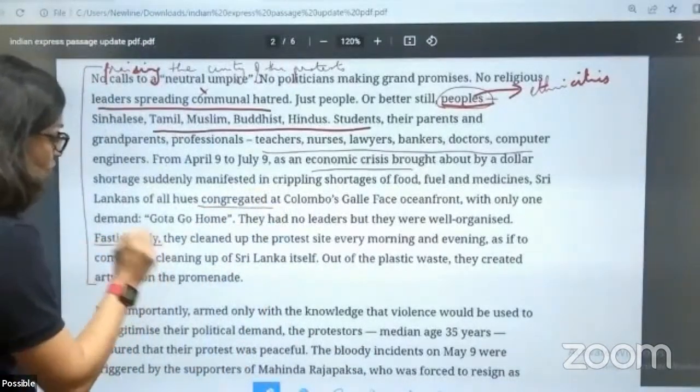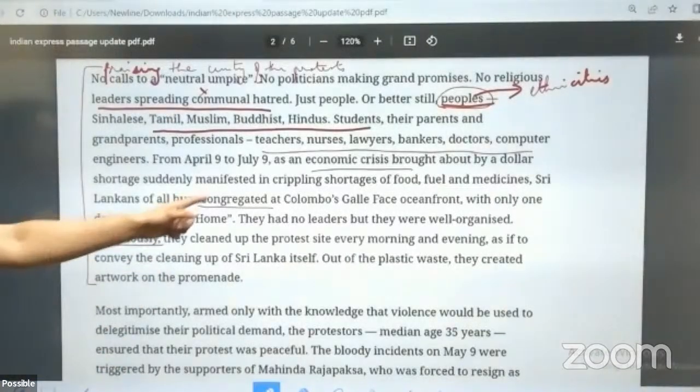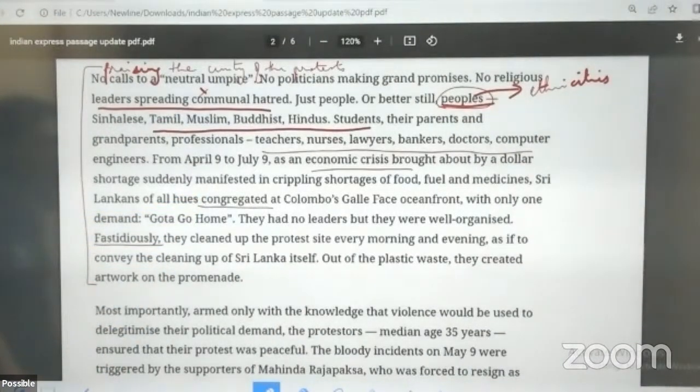Now tell me, let's do vocabulary from the passage, which is again a question type that you get. What is the meaning of congregated? And what is the meaning of fastidious? Can you try to find out the meaning from the passage?